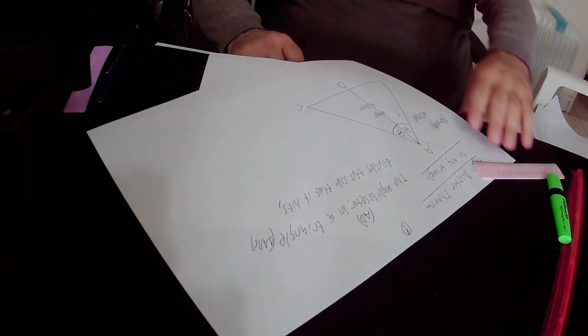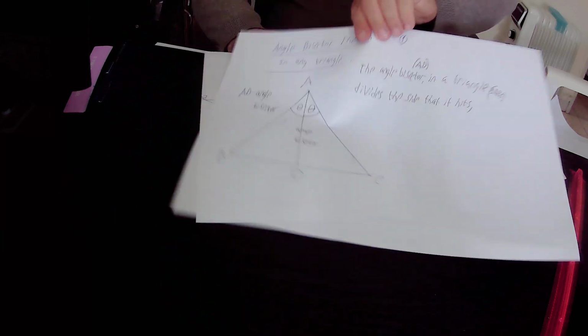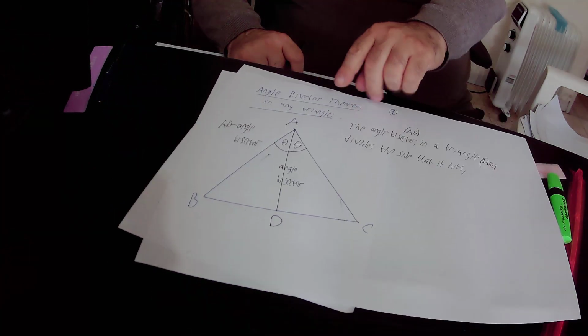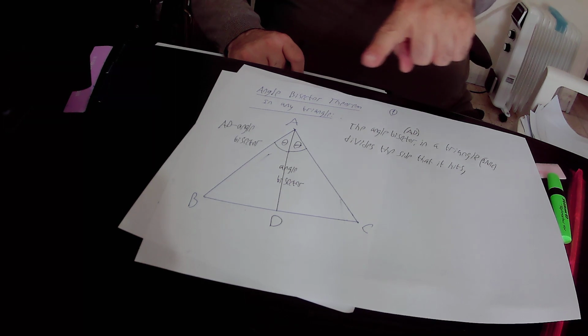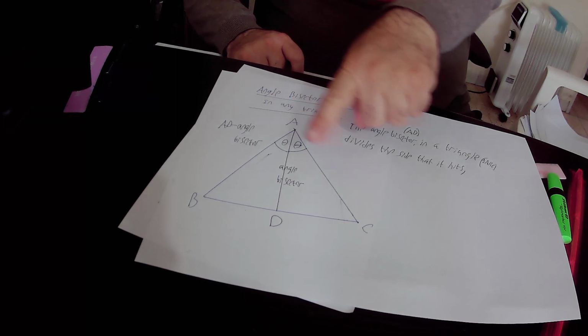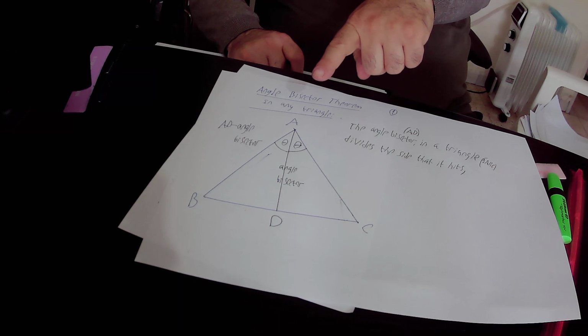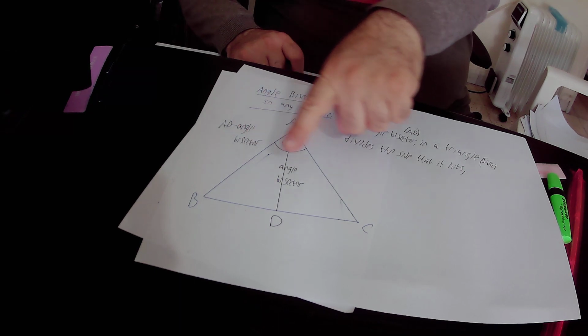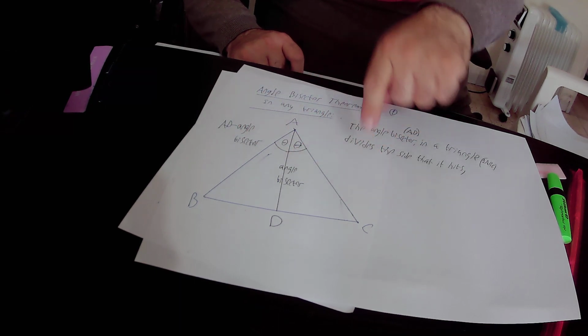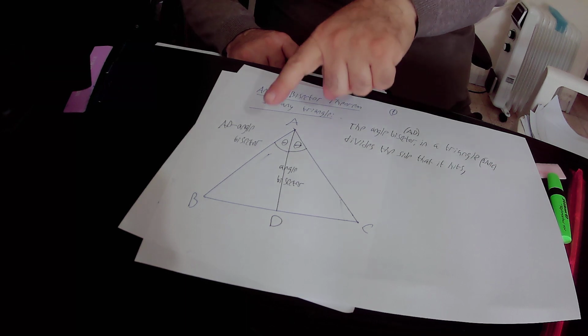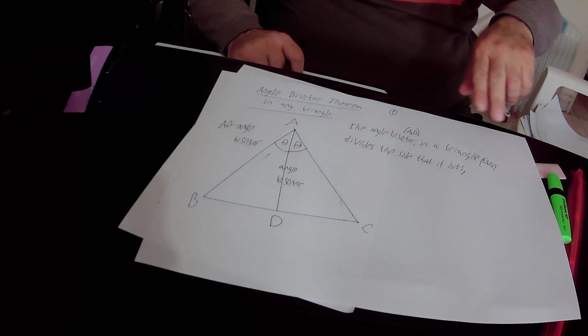Here, the angle bisector AD meets side BC and divides it into two parts. The first part is BD and the second part is DC. The ratio between those two parts is BD over DC.